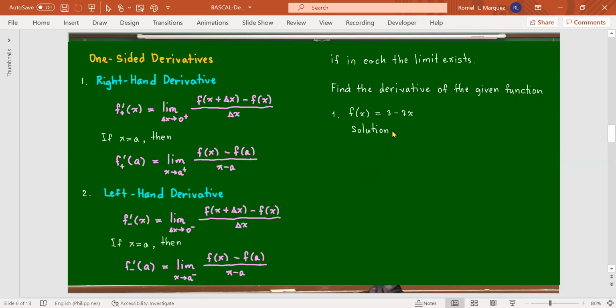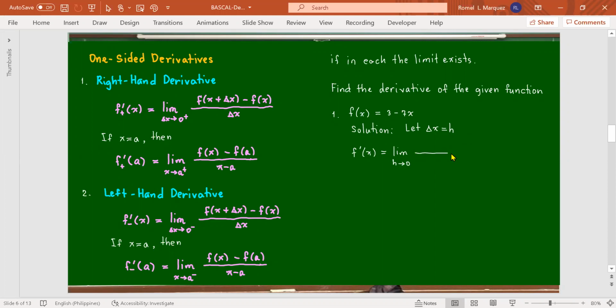So all we have to do is, of course, copy the formula. And that is equal to the limit as... Now, para lang hindi mahirap, no? You can let delta x to be h, guys, for simplicity.